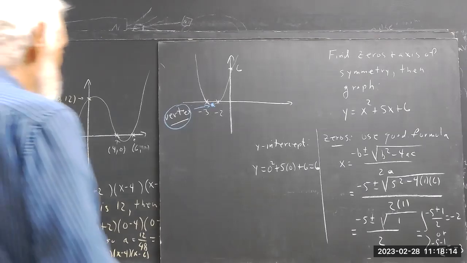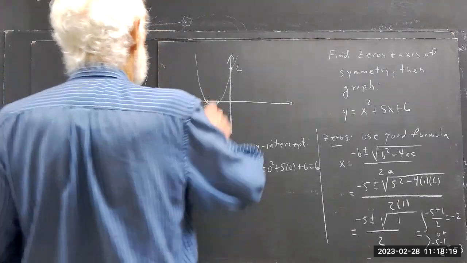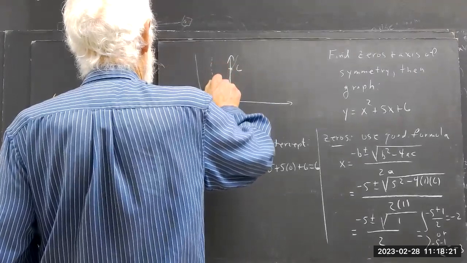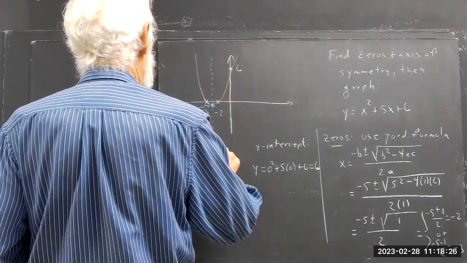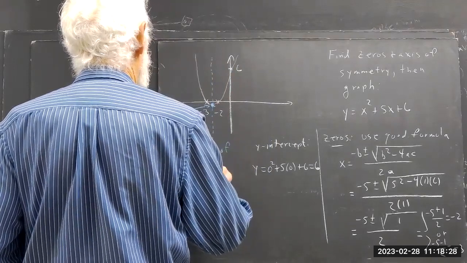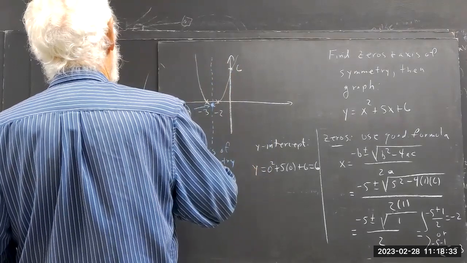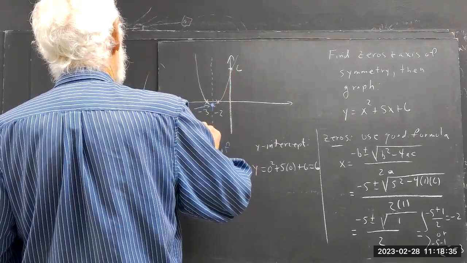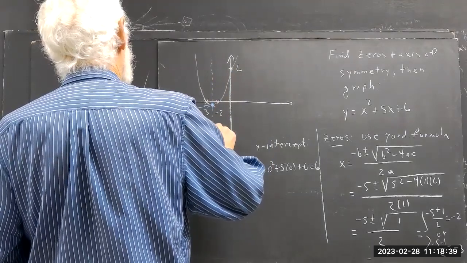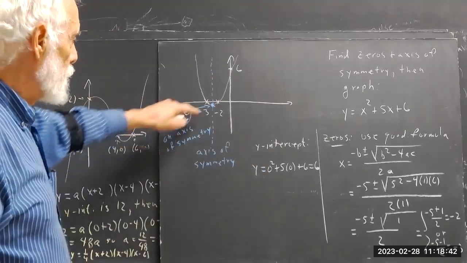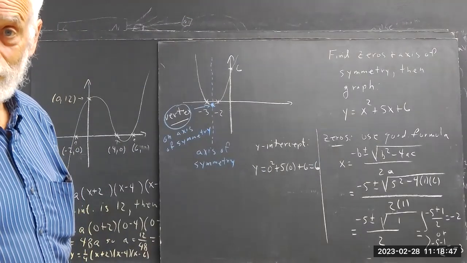So for the axis of symmetry, your vertex is on the axis of symmetry. The axis of symmetry goes right through the vertex.